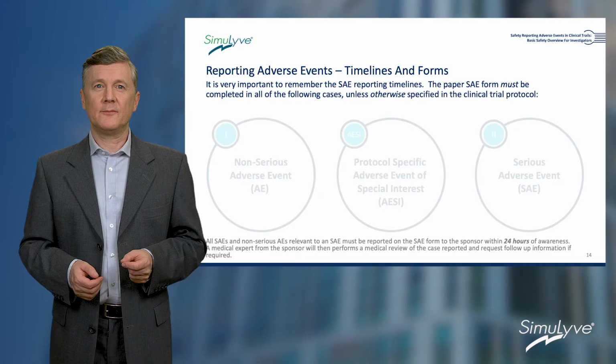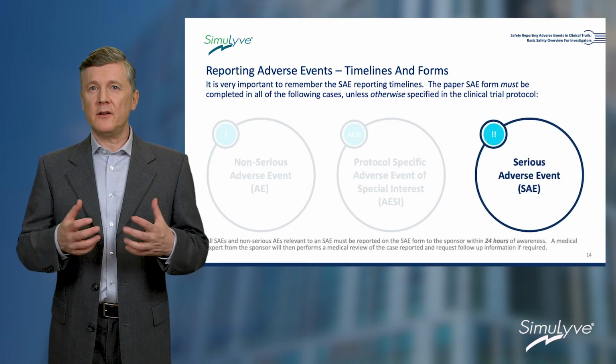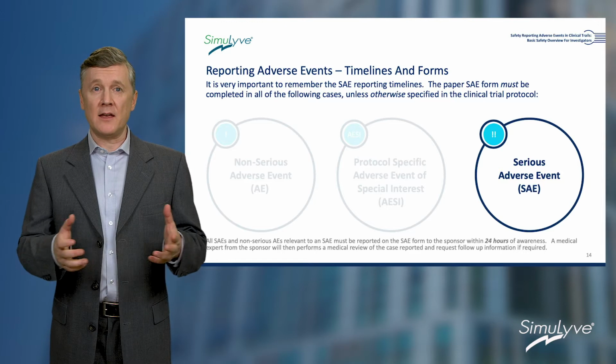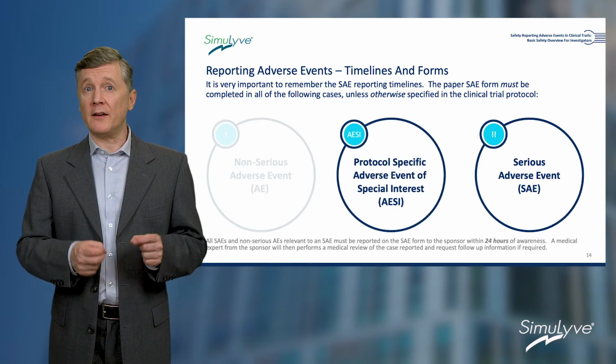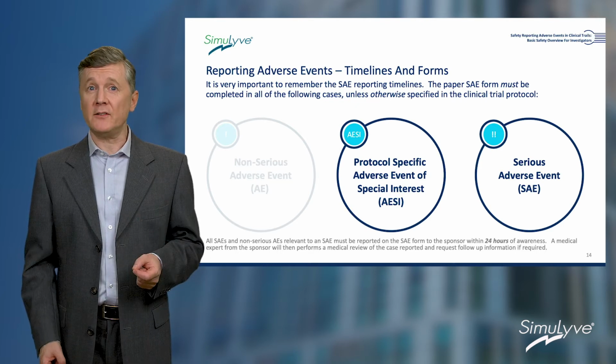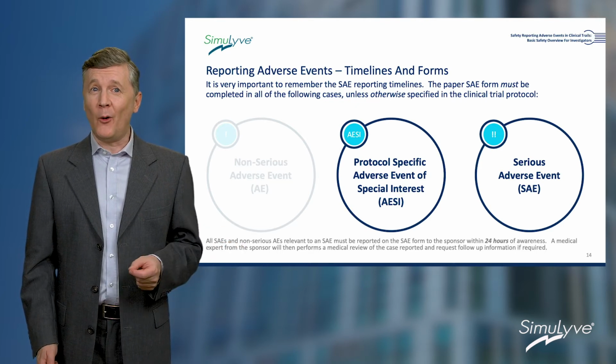It's very important to remember the SAE reporting timelines. The paper SAE form must be completed in all of the following cases unless otherwise specified in the clinical trial protocol. 1. If there is a serious adverse event, an SAE. 2. If there is a protocol-specified adverse event of special interest, an AESI. Or 3.